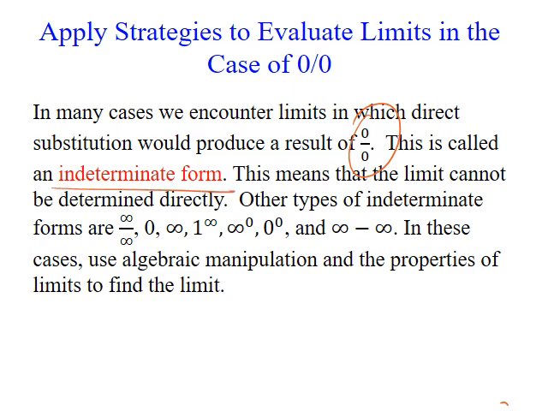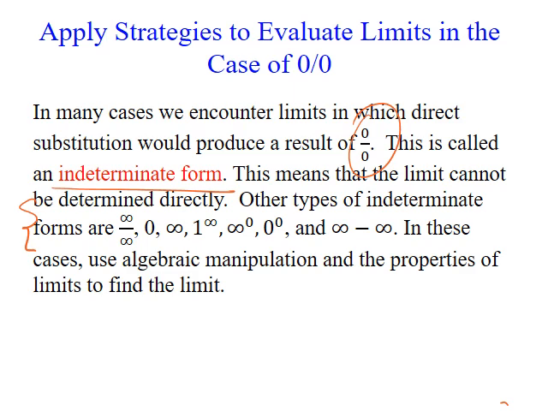And there are actually lots of different indeterminate forms, and some of them are written here. Anytime direct substitution produces an indeterminate form, we have to use another method of solving.